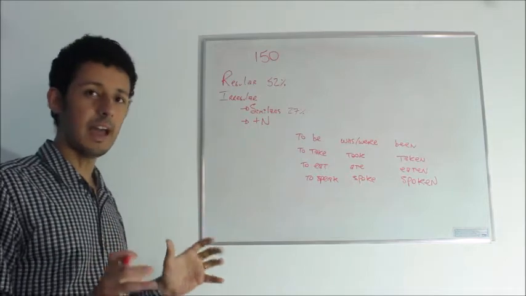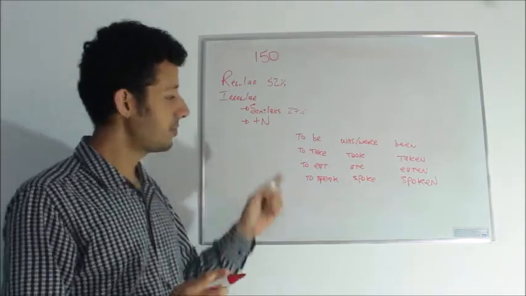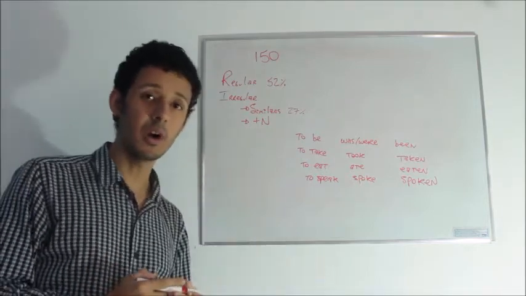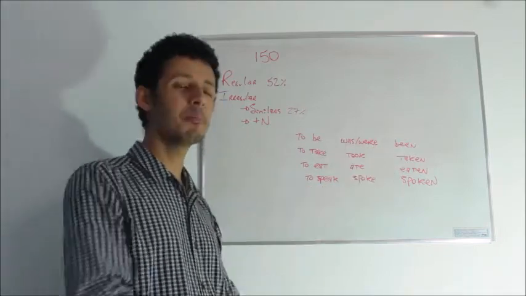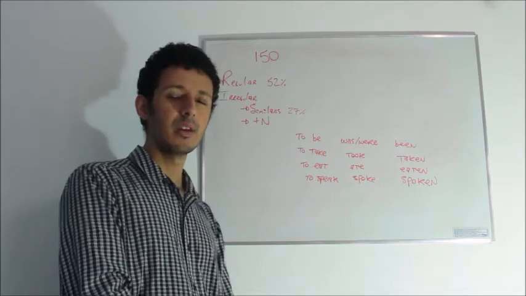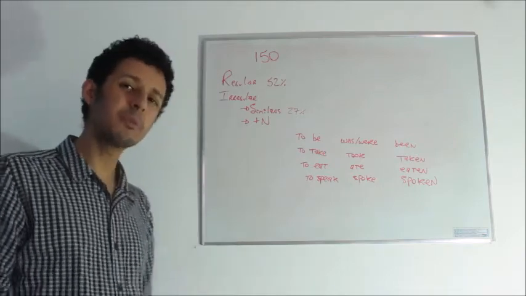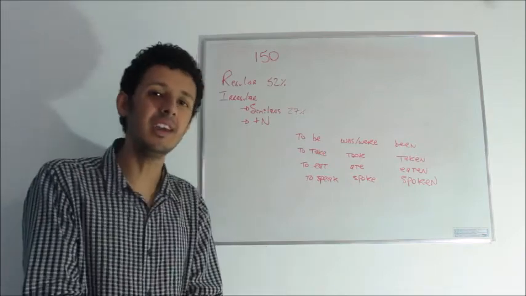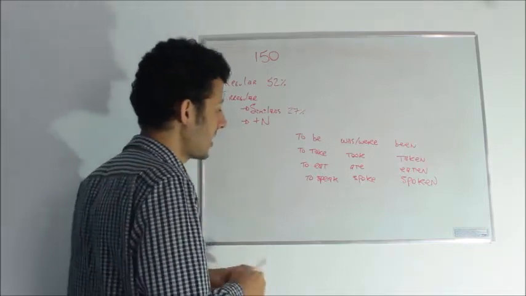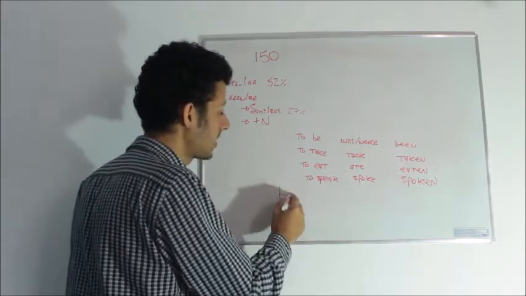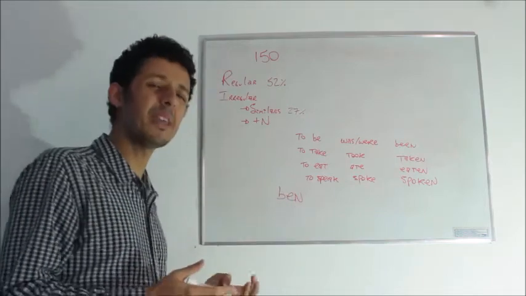So, here we have some examples. To be, what is the past tense? Was, were. But the participle is been. Of course, in this case, we put an additional E because of the sound. Because imagine, if I say this, it would be Ben.